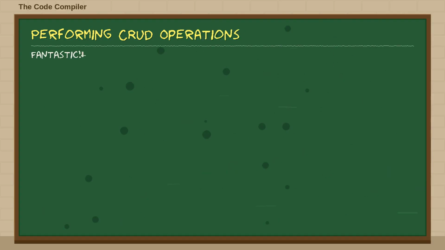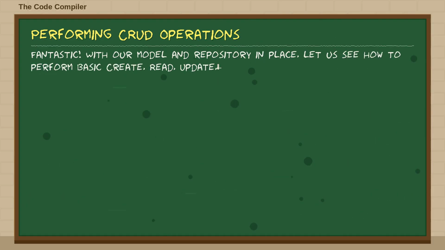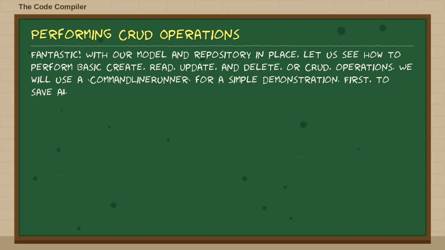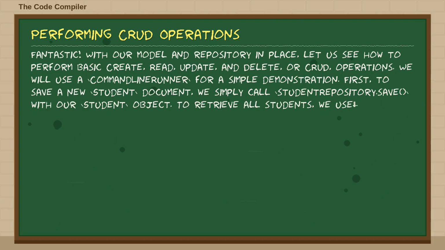Fantastic! With our model and repository in place, let us see how to perform basic create, read, update, and delete, or CRUD, operations. We will use a CommandLineRunner for a simple demonstration. First, to save a new student document, we simply call studentRepository.save with our student object.